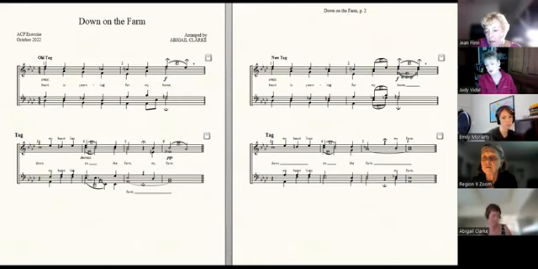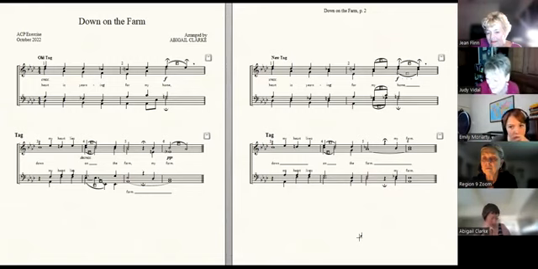You could go there, but I just really wanted to hear that next chord. Does anybody else want to hear that? I want to hear that chord. I don't want to hear just a lead.